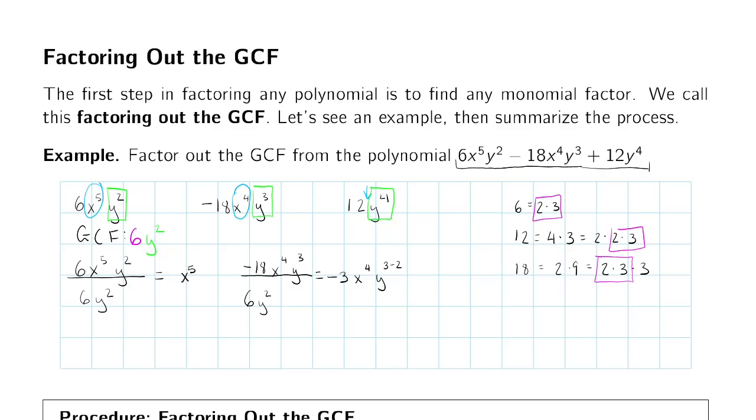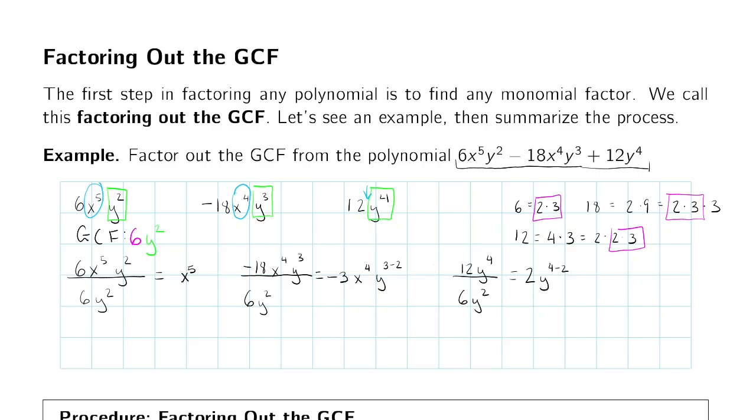And finally, our 12y to the fourth divided by 6y squared. 12 divided by 6 is 2. And then I'll have y to the 4 minus 2.